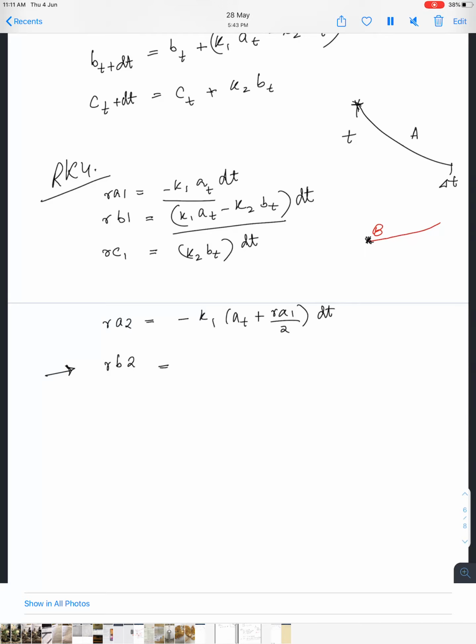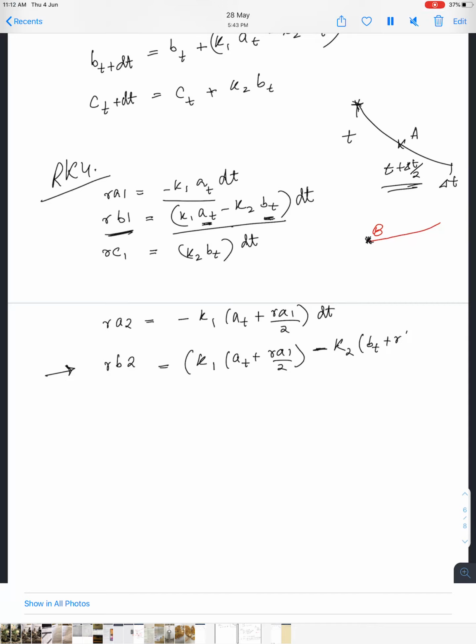What is RB2? This is where many of you have made a mistake. RB2 is equal to f of B. Now this function of B is not just a function of B, it is a function of A and B, right? The kinetic part of B, let's call it the G of AB. So that is K1 A at t plus RA1 by 2. So A increases as RA and B increases as RB.